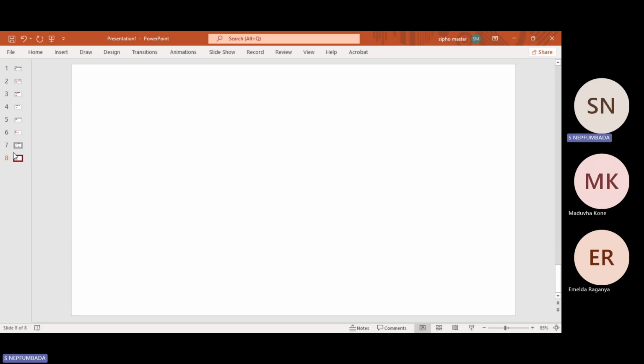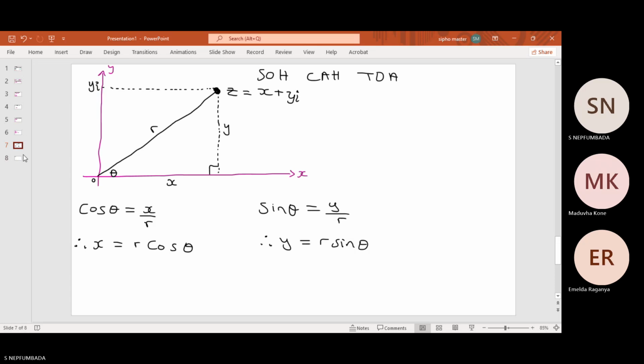Since our z is equal to x plus yi, what is our x? x equals r cos theta.